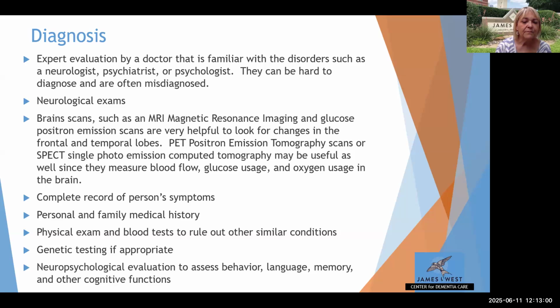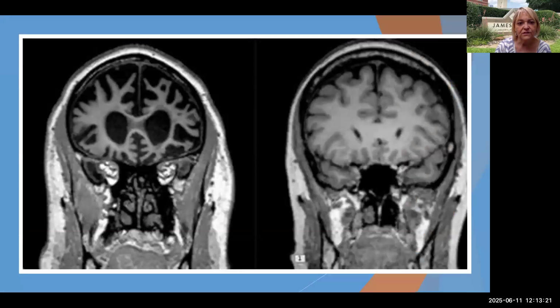A physical exam, blood test to rule out other similar conditions, genetic testing if appropriate, and then those neuropsych evaluations. The neuropsych evaluation is where they're going to spend 4 to 6 hours in neuropsych, and they're going to go through a battery of tests to be able to come out and tell us about their cognitive functions.